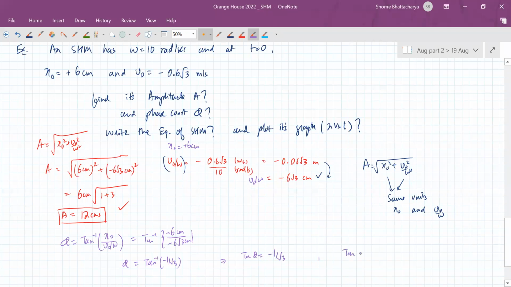So we know that tan of pi by 6 or 30 degrees is 1 by root 3. Therefore, tan of pi minus pi by 6 is minus 1 by root 3, or tan of 150 degrees, because tan of 30 degrees is 1 by root 3. So that is what will tell us here that phi is 5 pi by 6 radians or 150 degrees.